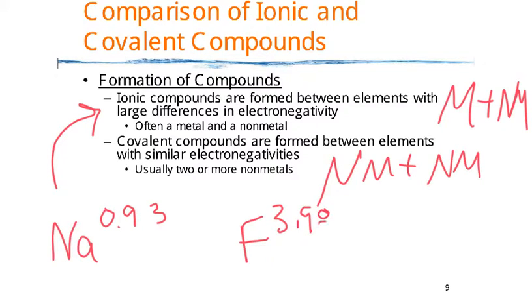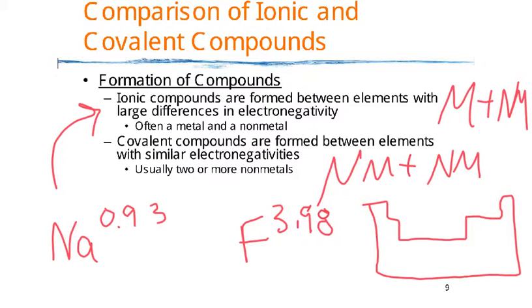And what you'll find is on your periodic table, the trend is that electronegativity will increase in the upper right hand corner, ignoring the noble gases. So as you go across to the right and as you go up, you're going to get higher electronegativity.